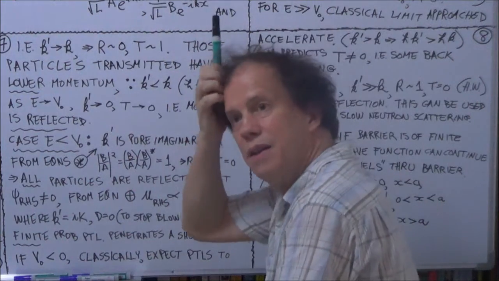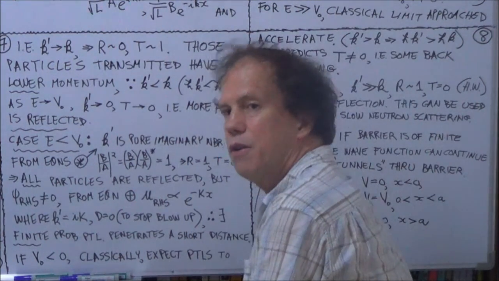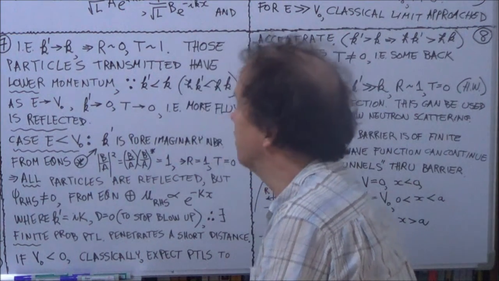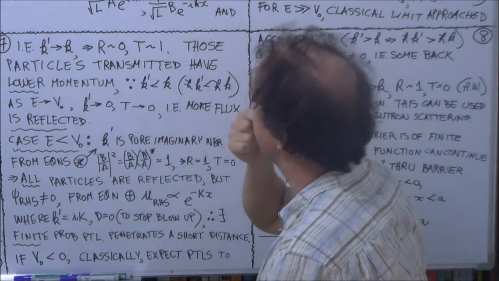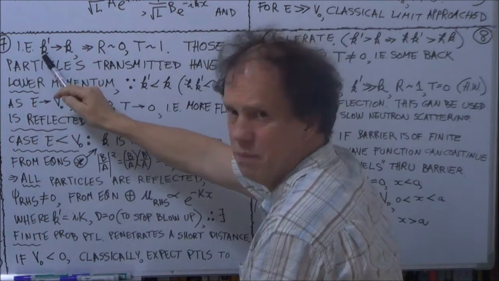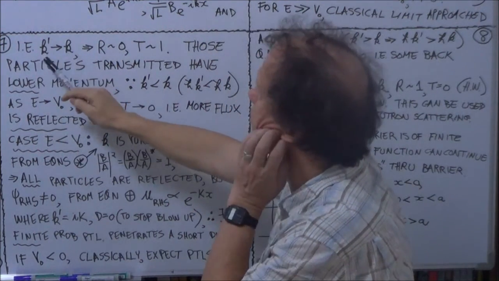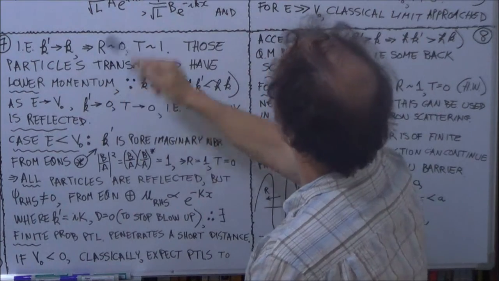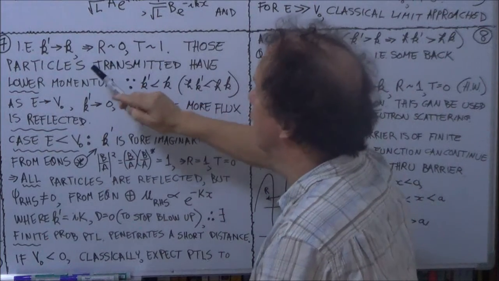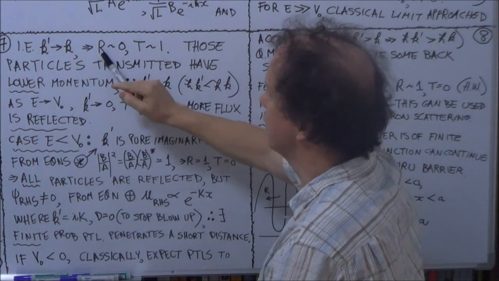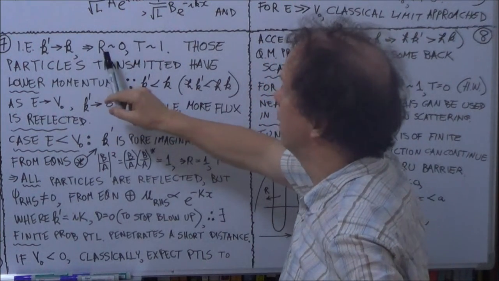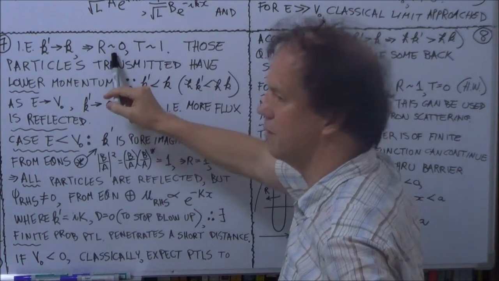Okay, so when the energy E is a lot greater than the potential barrier V0, so E is much greater than V0, then K dash, go back to the previous session, you'll see that K dash effectively becomes almost equal to K. And if that's true, again from the previous session, the fraction of the flux that gets reflected, called R, big R for reflection, effectively goes to 0, as you'd expect.